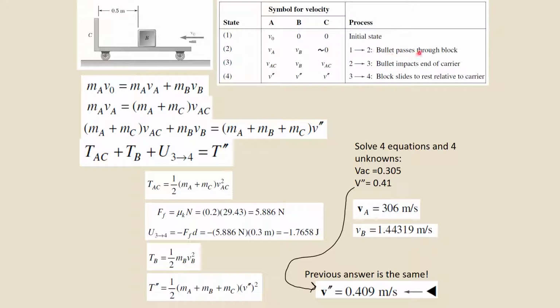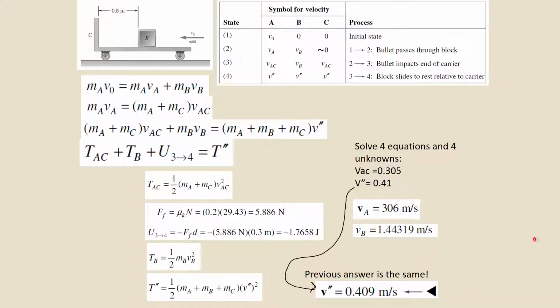Whether that bullet goes right through the block or becomes embedded in the block, because state 1 and state 4 are the same and everything in between is internal, it doesn't matter how we get from 1 to 4. The final velocity is the same. And this goes back to an equivalent versus an equipollent system. Sometimes we're not going to care about those center details of what's happening. We're just going to skip right to the end.